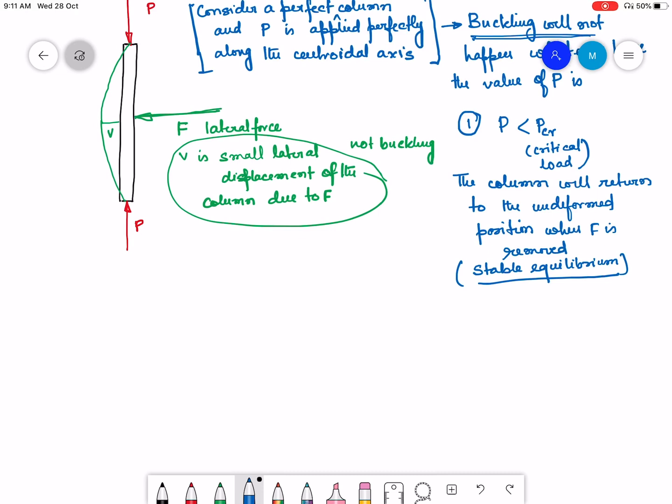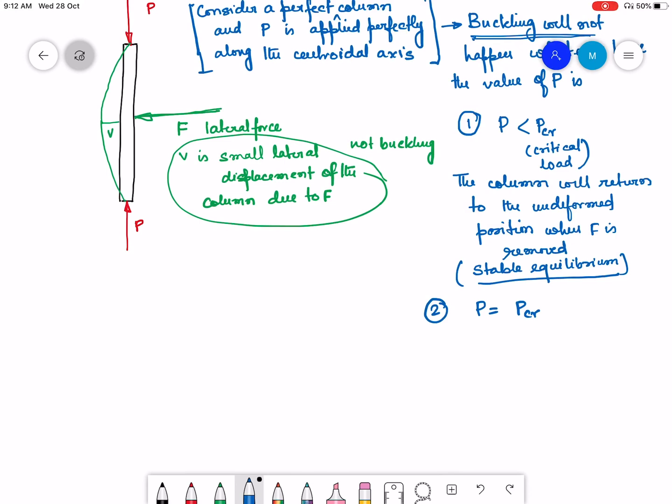The second case is when P is equal to P critical. When P is equal to P critical, the column is going to stay in the deformed form or position when F is removed, but there is not going to be any further deformation.